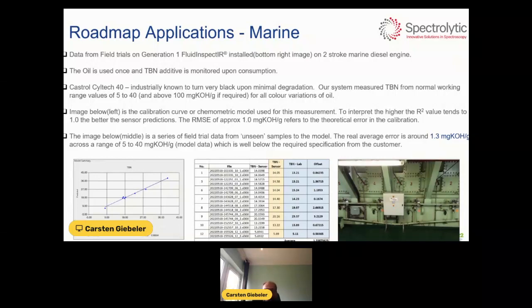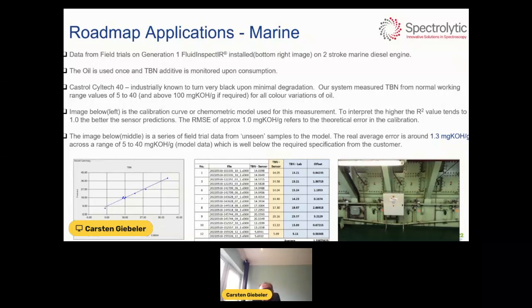The sensor was then installed, and here in the middle you see the results from the measurement. You can see that it measures the TBN very, very accurately with an average error of around 1.3 milligram KOH, which, considering you only want to know whether you have any base left in your oil, is more than sufficient, and the customer is quite happy with this.